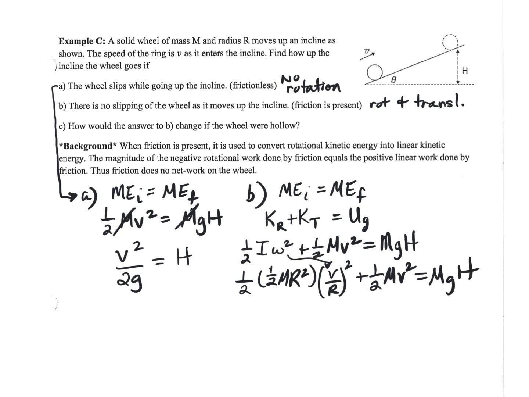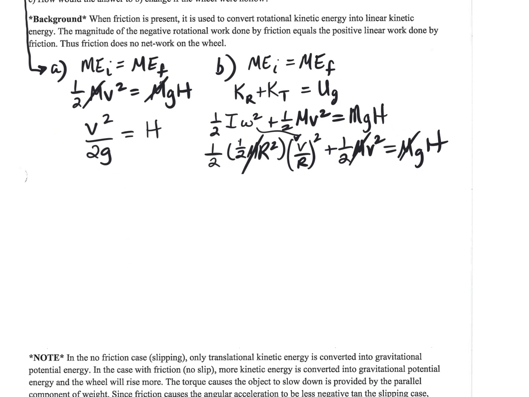What do you notice though? What do all three of them still have? They still all have mass, don't they? And what do you notice about the radius? We've got radius squared here and radius that will be squared there too, don't we? So it still goes away. 1/2 times 1/2 is 1/4 v squared plus 1/2 v squared equals gh.